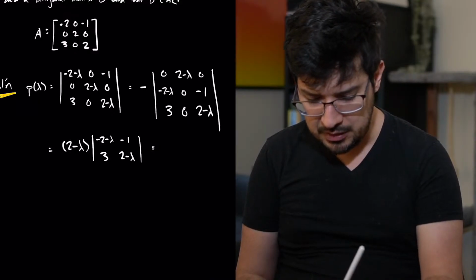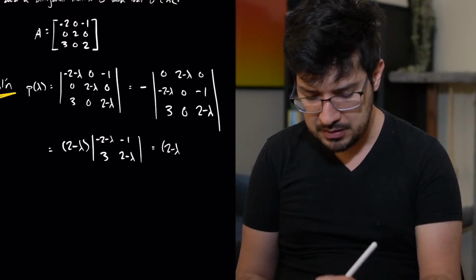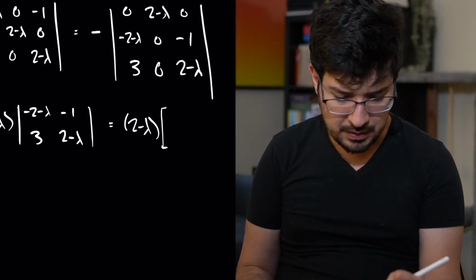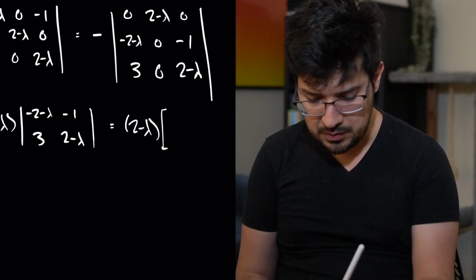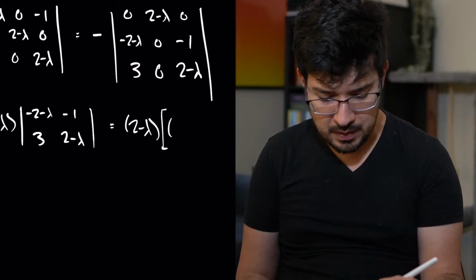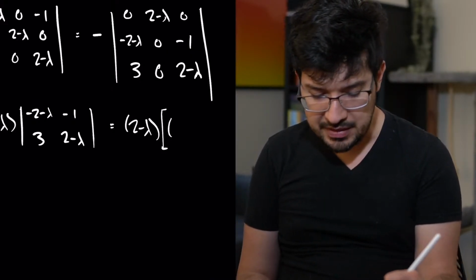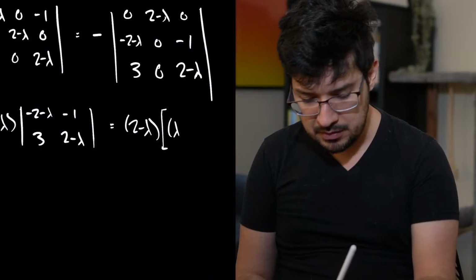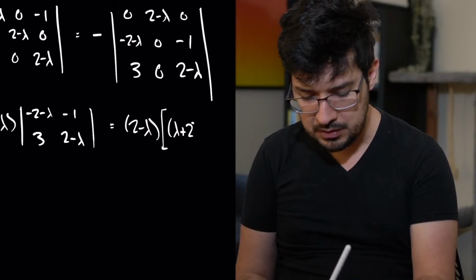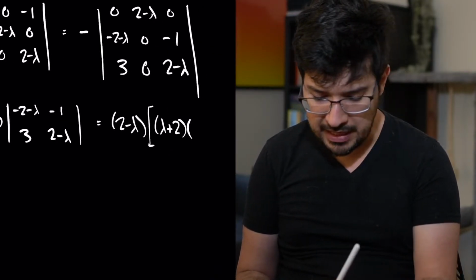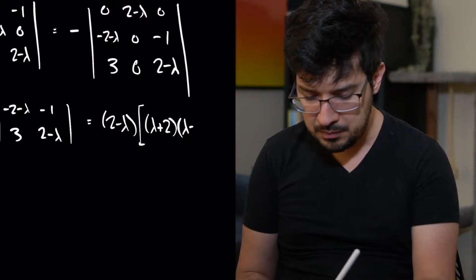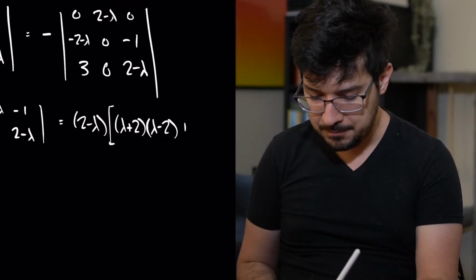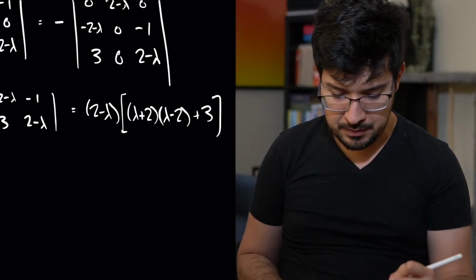This is going to be 2 minus lambda times, I'm going to go ahead and factor out a -1 from this product: lambda plus 2 times lambda minus 2 minus -3. Right?